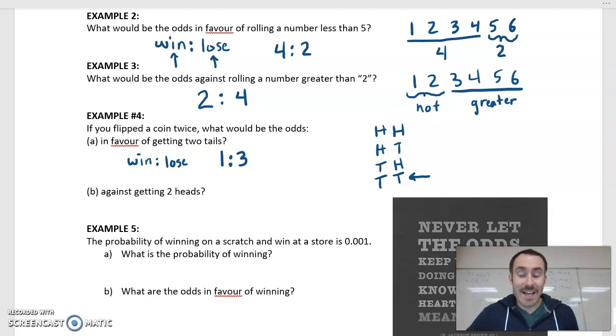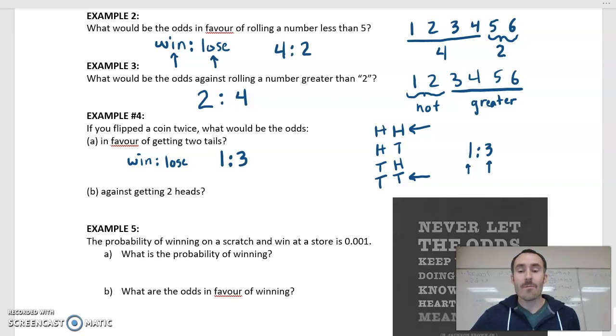What are the odds against getting 2 heads? Let's look at how many ways you can get 2 heads. Well, there's only one way. It's the same thing as before, right? If we were looking at the odds in favor of getting 2 heads, it would be exactly the same as what we just did for tails. It would be 1 to 3. There's one way of getting 2 heads and 3 ways of getting not 2 heads.